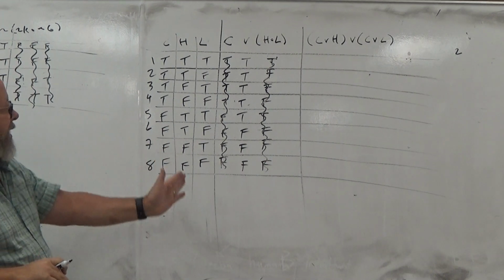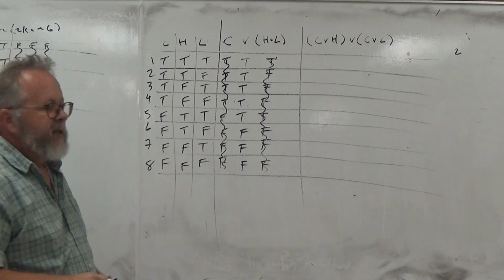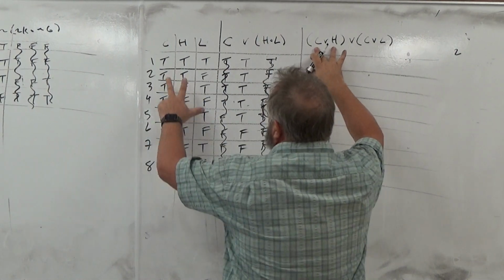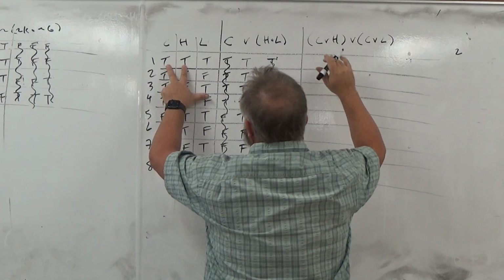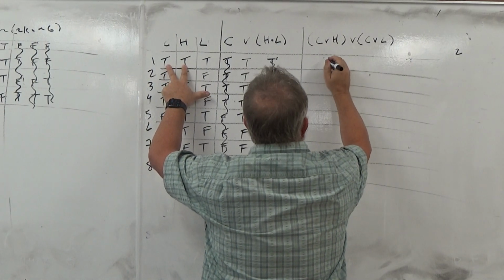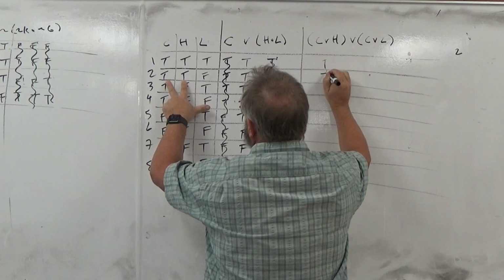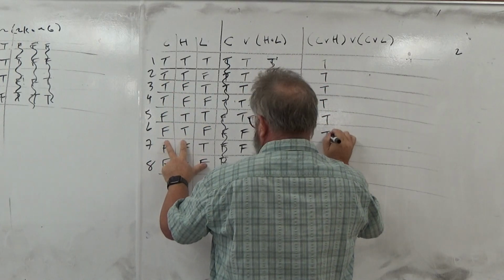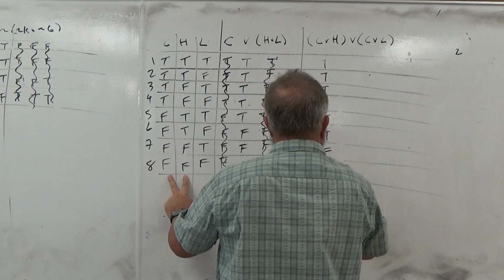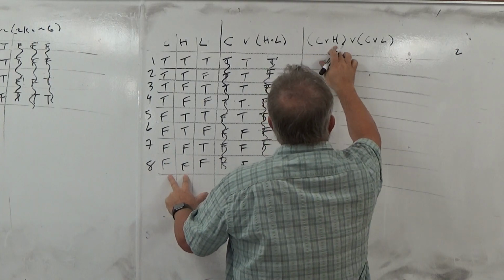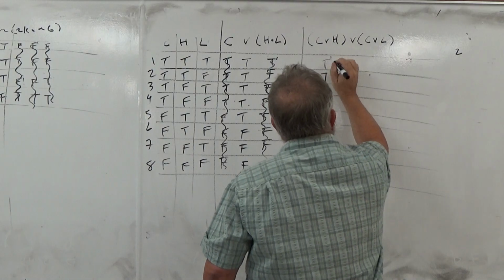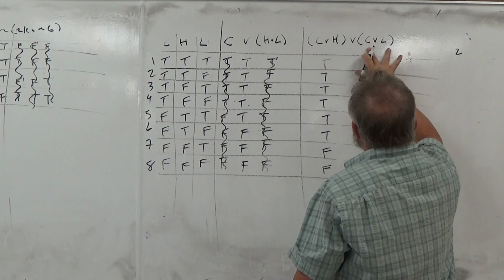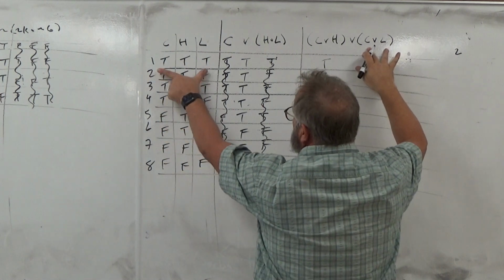Okay, so I'm going to compare that result with the result I get over here. First thing I got to do is C or H. So it's these 2. So C or H, true is true, true, true, true, true, true, false, false. That's C or H. Okay. So now I need to do C or L. So it's these.